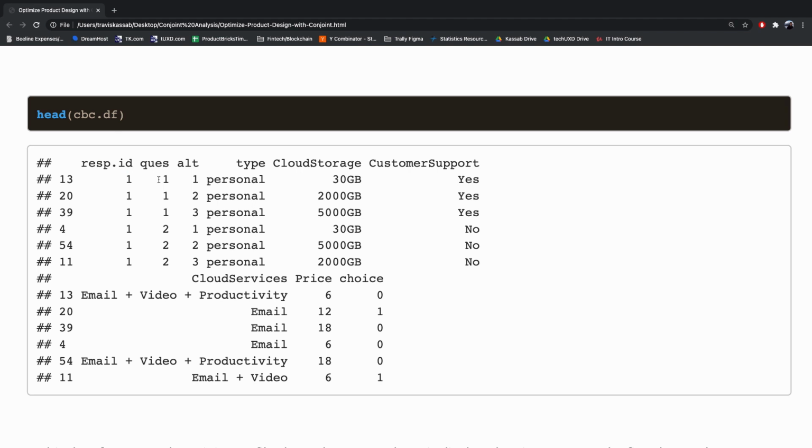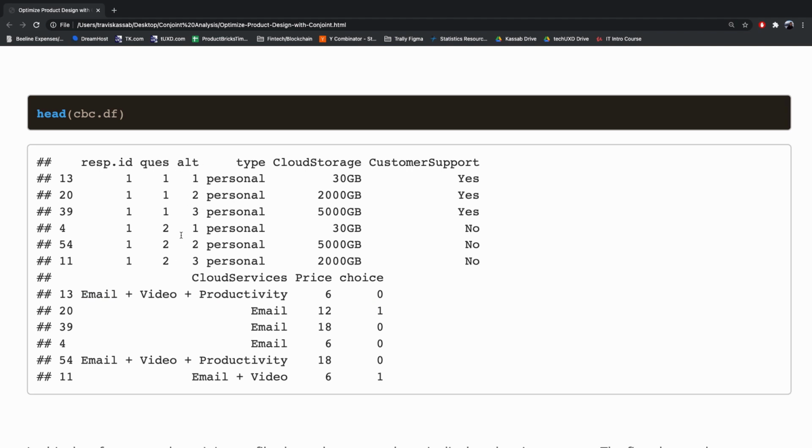This is respondent 1, question 1, and alternative position 1. And in each question, this is the product profile that was shown in position 1, and we have 3 product alternatives per question. That makes sense, right? This is one of the parameters that I set earlier on.